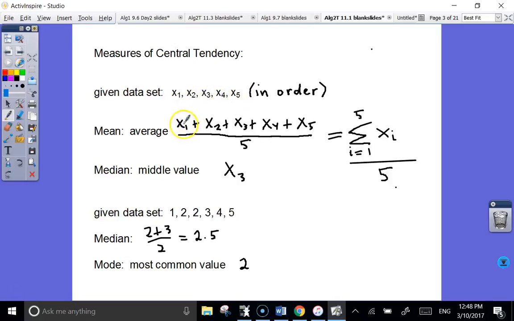So the mean would be x1 plus x2 plus x3 plus x4 plus x5 divided by 5. Well, now we've got the summation notation that we can use to represent that, right? The sum from i equals 1 to 5 of xi divided by 5.